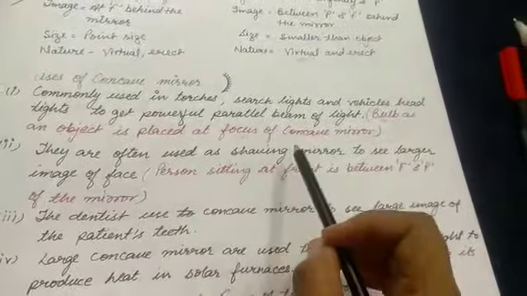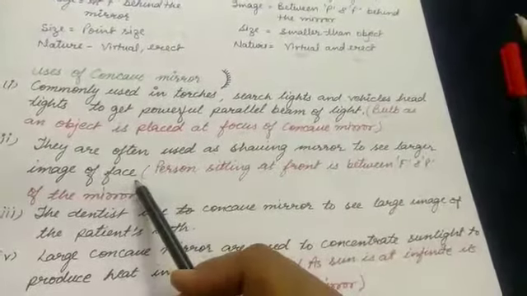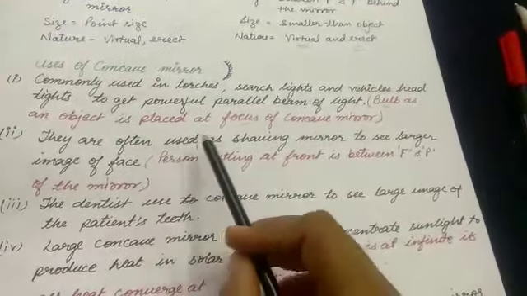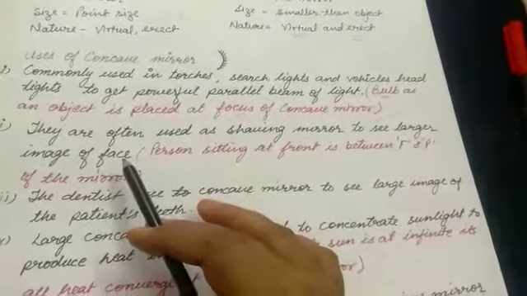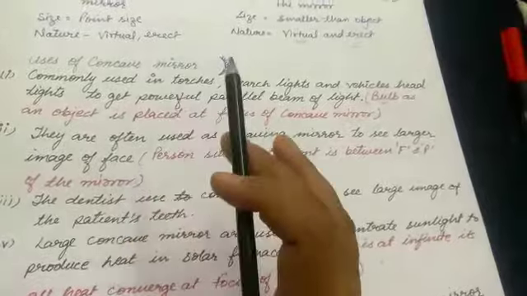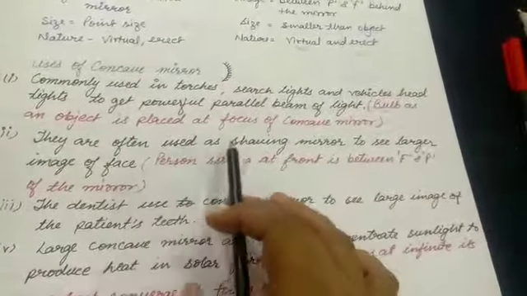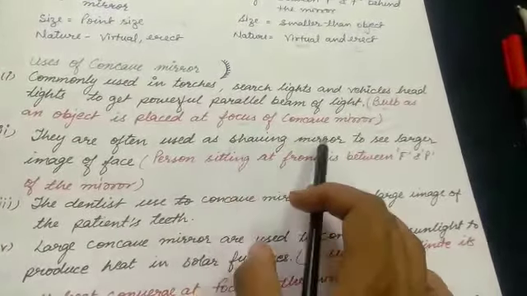They are often used as shaving mirrors to see a large image of the face. At parlors or hair salons, whatever mirror is used, your image is much bigger. So in that case also the concave mirror is used.